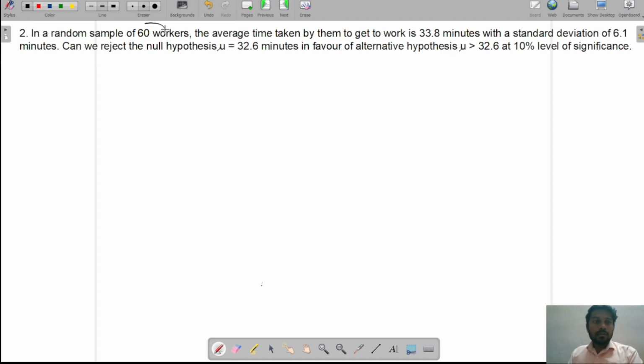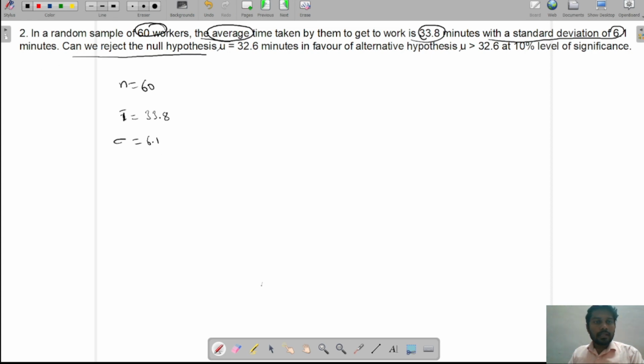In a random sample of 60 workers, so it is nothing but n equal to 60. Average in the sense, can I say the mean? Yes, average time taken by them to get a work is 33.8, so x bar equal to 33.8. With a standard deviation of 6.1 minutes, sigma equal to 6.1.